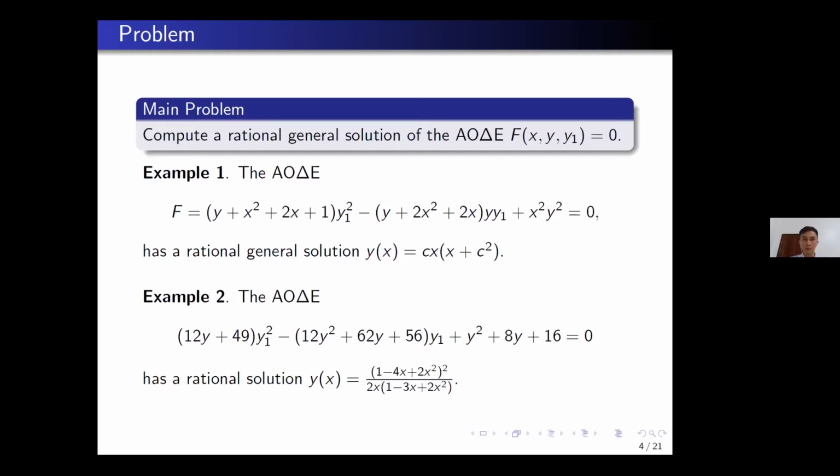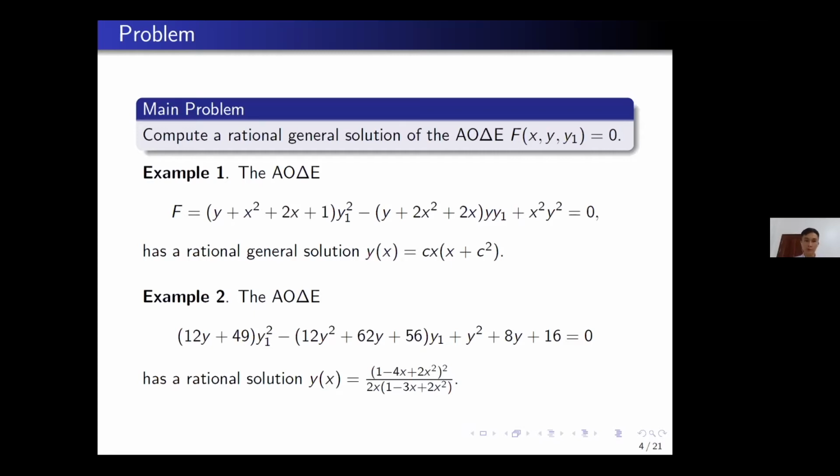This rational general solution is strong in the sense that the constant c appears rationally. The second example is another AOΔE of first order and second degree in y1, and it has one rational solution. I'm not sure whether this equation has other rational solutions.